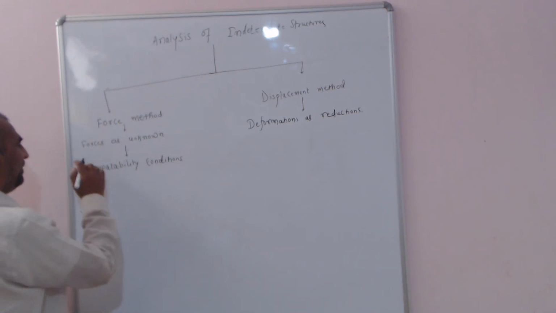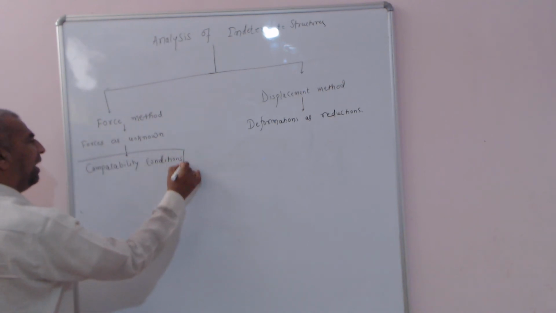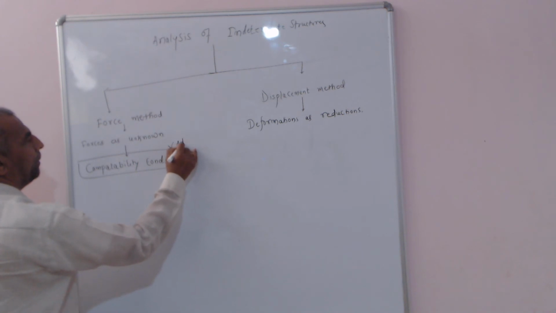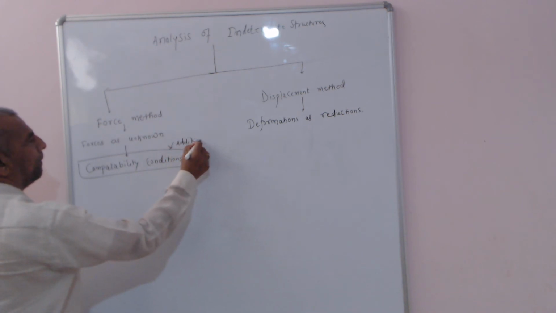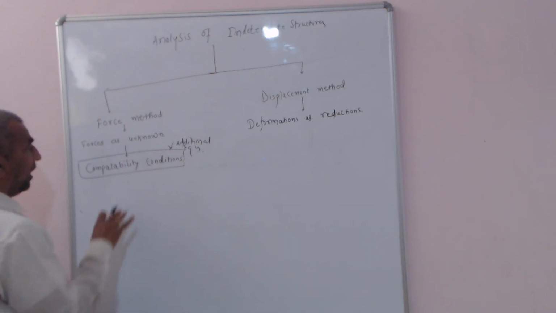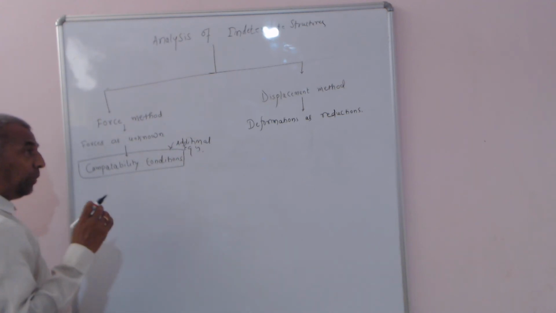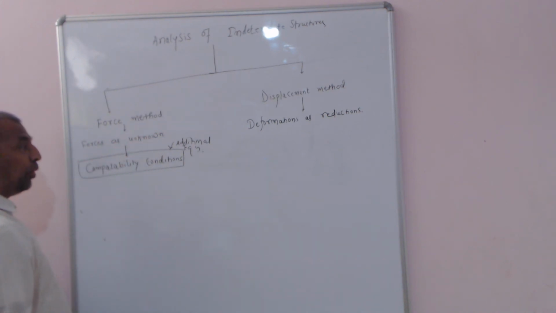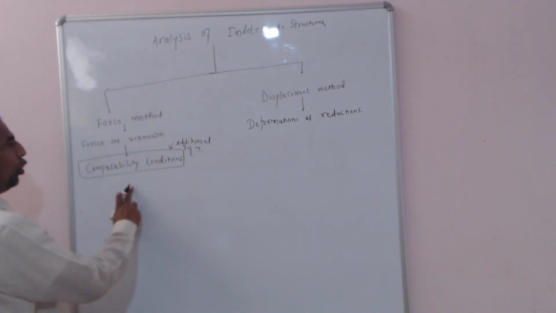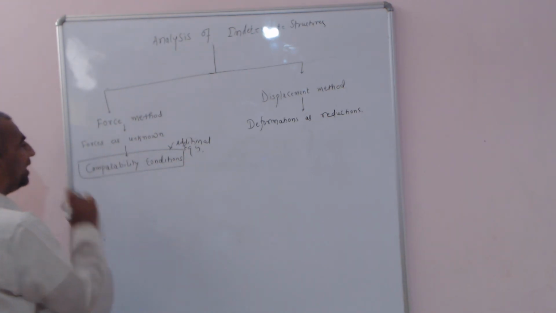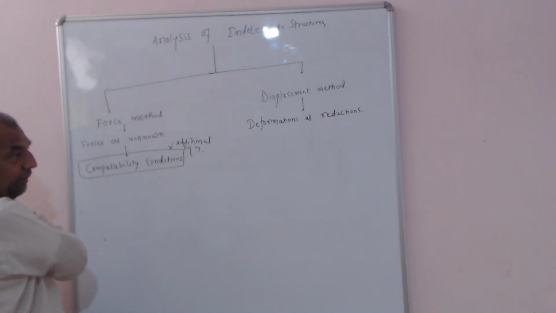Here I am getting the additional equations. Indirectly, how many compatibility conditions should be available for me? Whatever the additional unknowns are there, those many additional compatibility conditions. I will tell you what I mean by the compatibility condition.